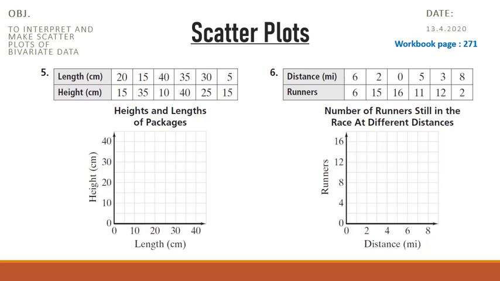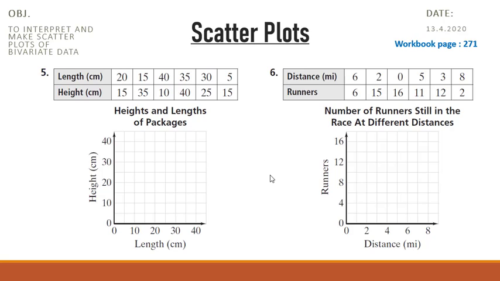Okay guys, I know that this may be easy for you, but I want you to do it by yourself. I want you to use the graph, because we are going to continue in the next lessons with the same idea. We're going to use the scatter plot. So I want you to know how to plot and how to interpret, how to understand the meaning of each point in the graph.